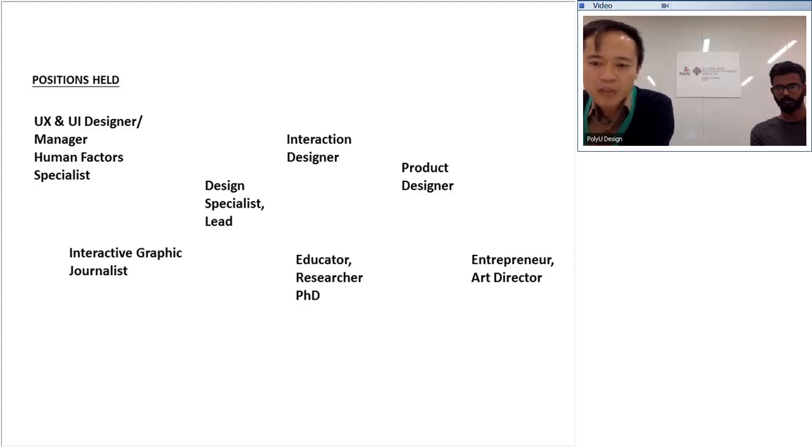Or even in the industry, because some technology companies in mainland, for example, have research and development departments. They actually also hire some of our students focusing on conducting user research rather than just being a designer.